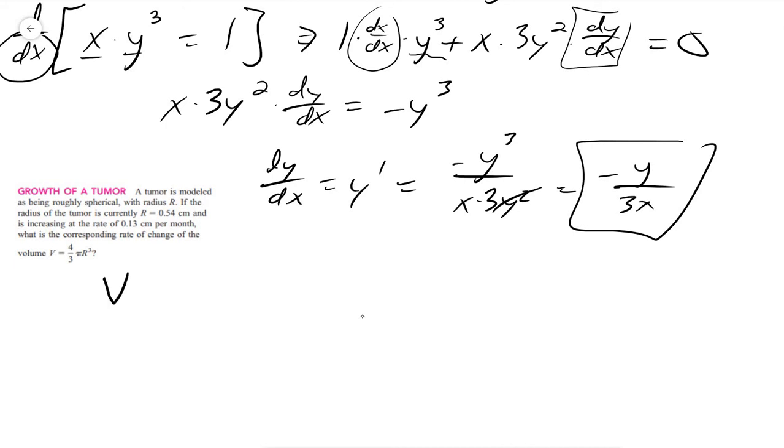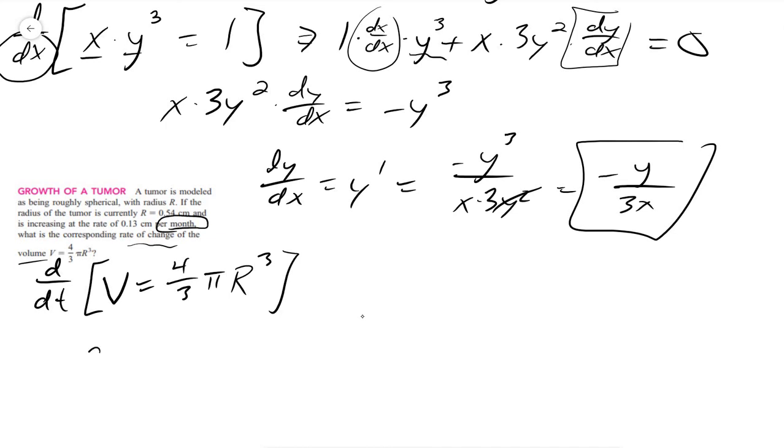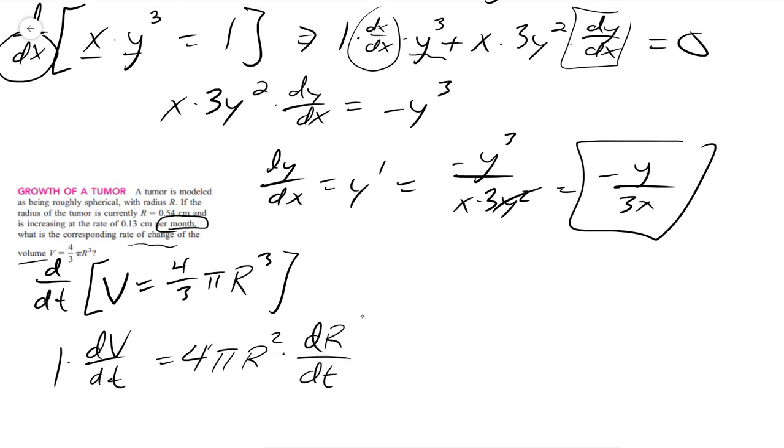So we have our equation V equals 4/3 pi r cubed. And now we're going to start by differentiating this. But the variable we're going to use here is t for time, because we want to find the rate of change of volume, and we're talking about time here. So taking the derivative of V, we get 1 times dV dt equals, over here taking the derivative, we get 4 pi r squared, but again we pick up a dr dt, which is the rate of change for the radius in time.